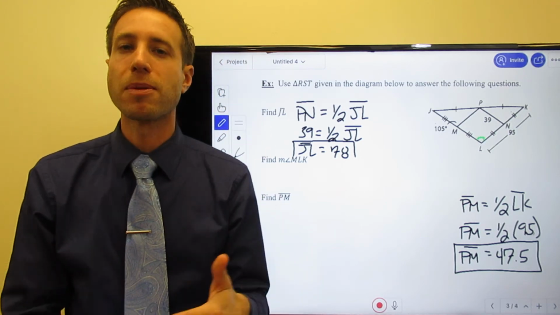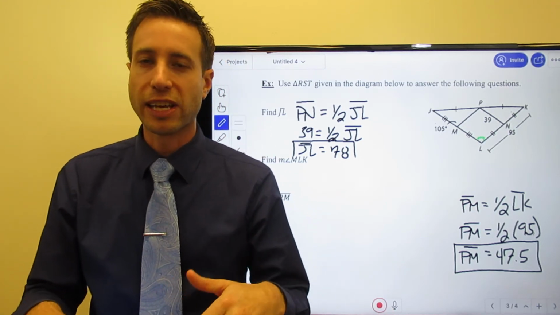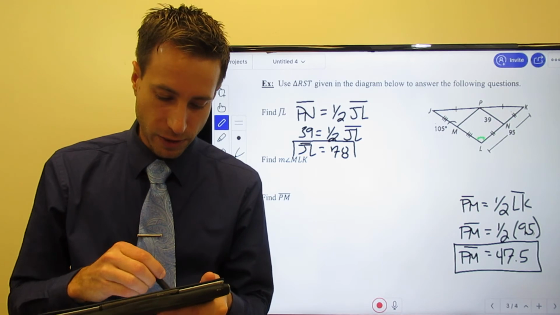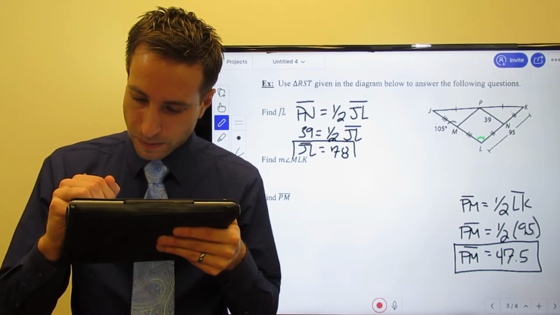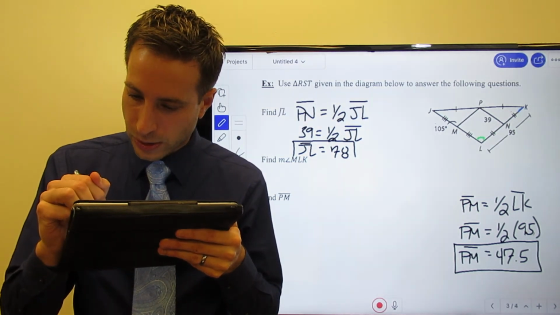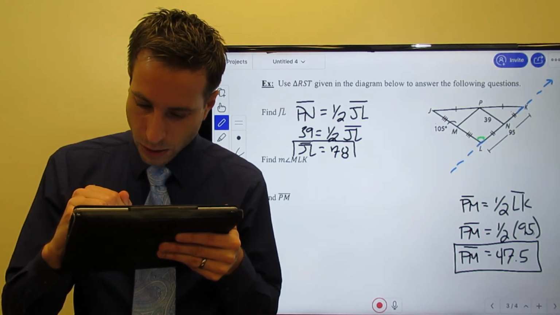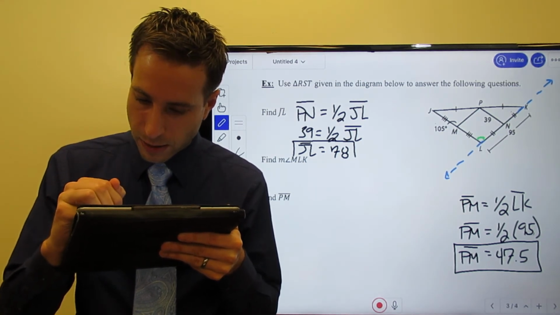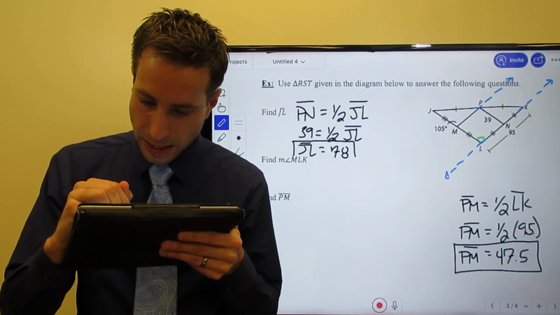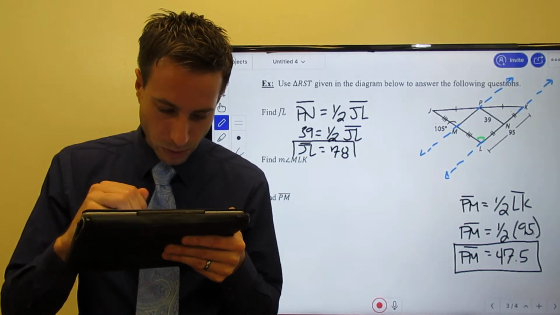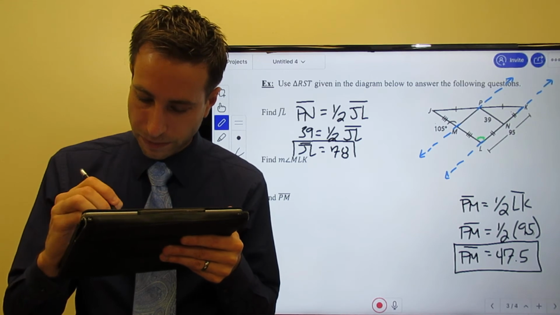Well, in the previous problem, we saw that it was an angle relationship of parallel lines cut by a transversal. Yep, check it out. I'm going to extend line LK, which is parallel to line PM. We know that those guys are parallel.